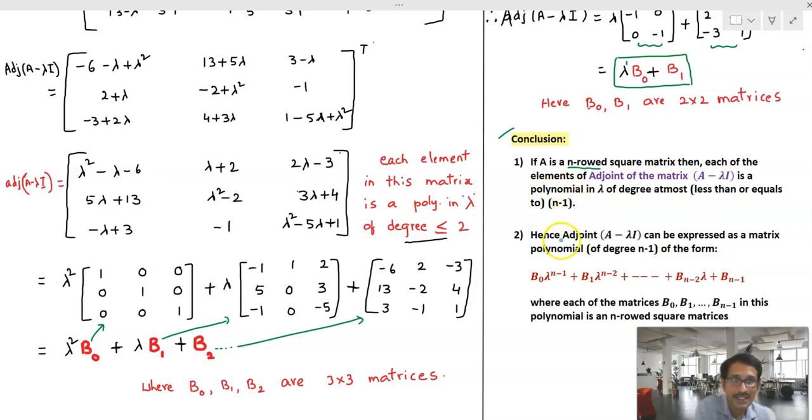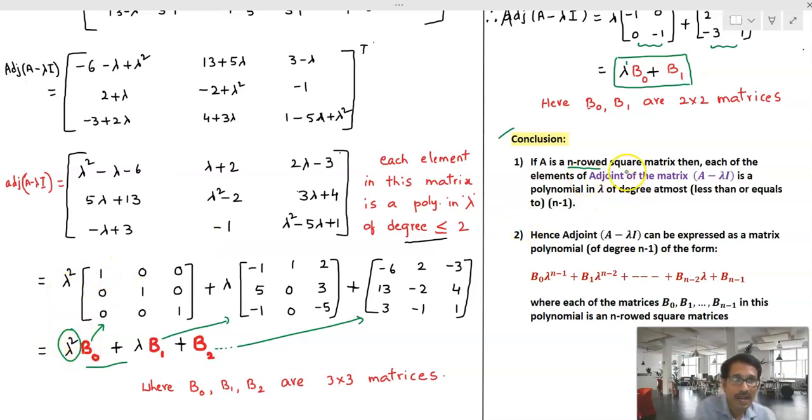Hence, adjoint of A minus lambda I can be expressed as a matrix polynomial, similar to this here or here, a matrix polynomial of degree n minus 1. Here you express this as a matrix polynomial of degree 1. Here it is a matrix polynomial of degree 2.